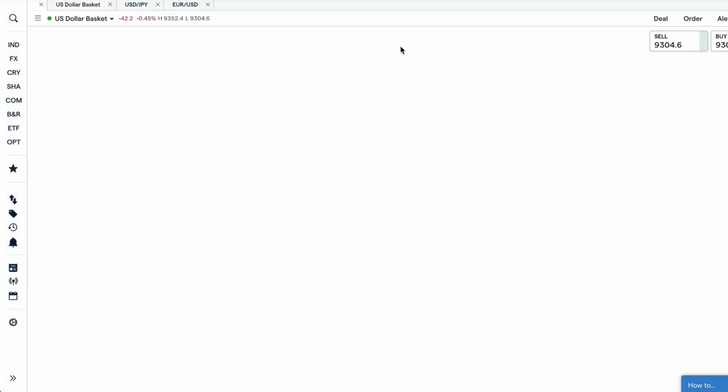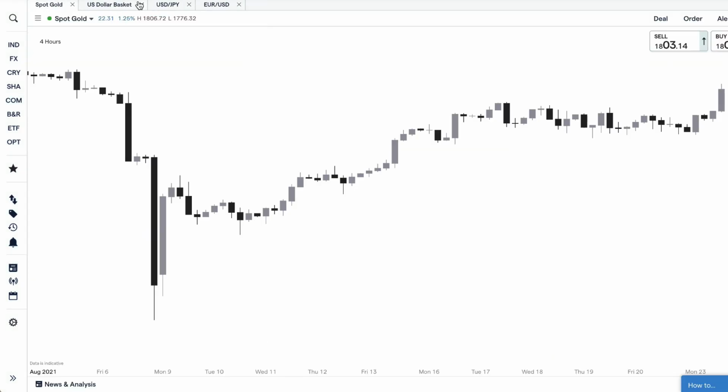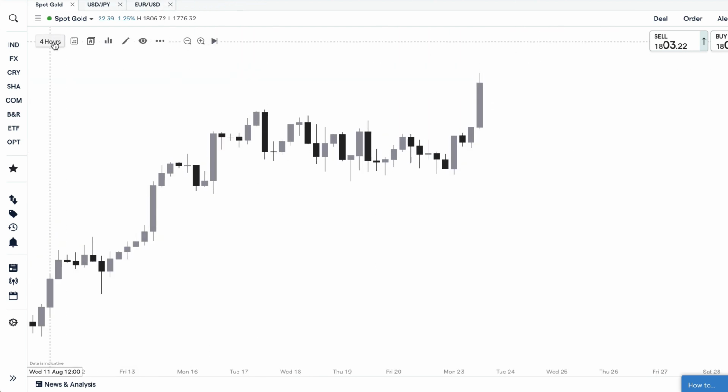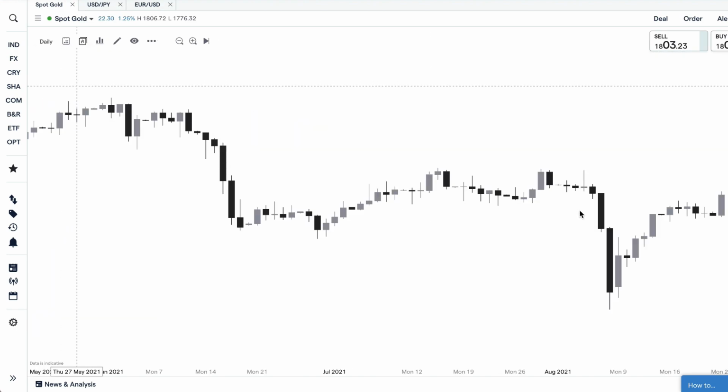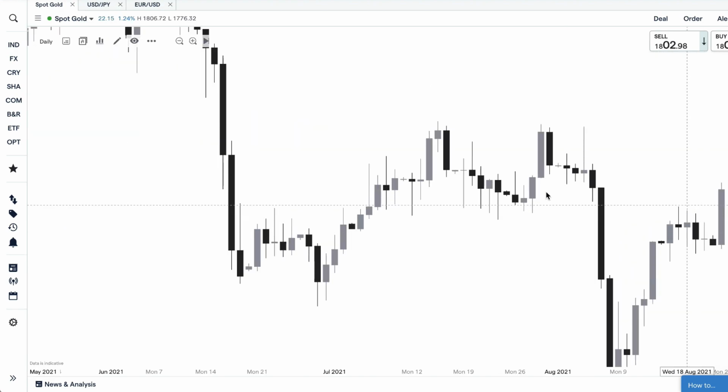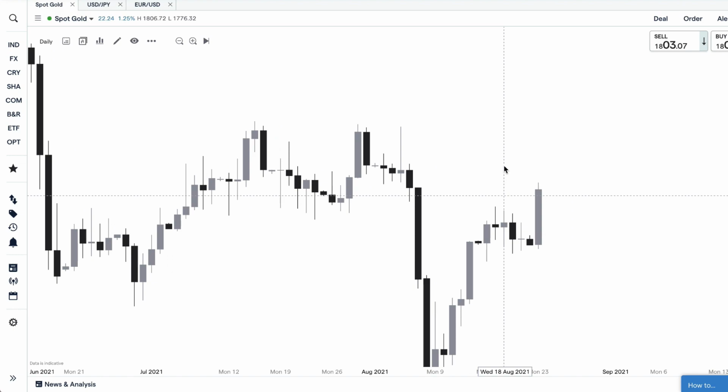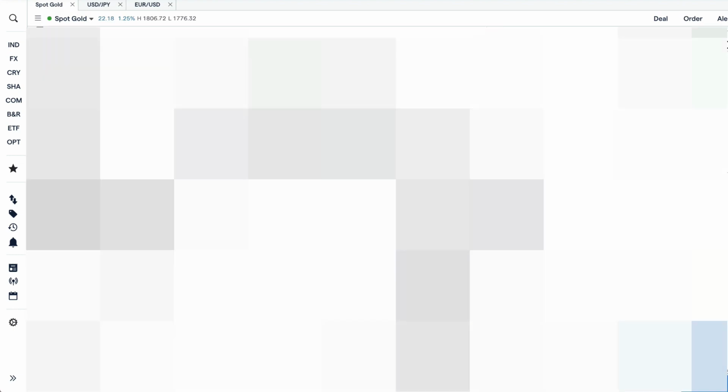So let me get this opened up and we'll take this trade together whilst I walk you through the process. Now, the rules are pretty simple, so let me walk you through them step by step. Firstly, let me just get this into perspective. The first thing we want to do is take a look at where the first rule is telling us to get in, or in other words, where our entry trigger will be, where we'll be buying the market in this case.